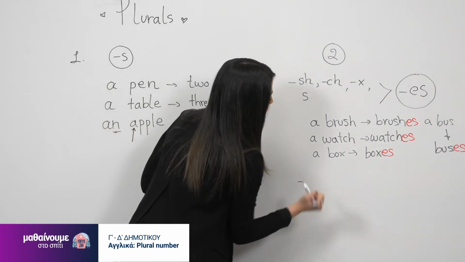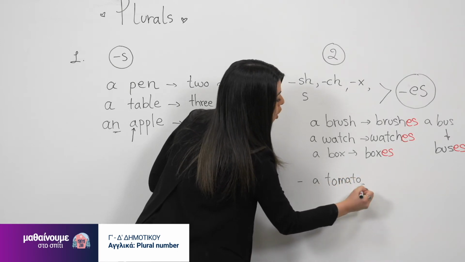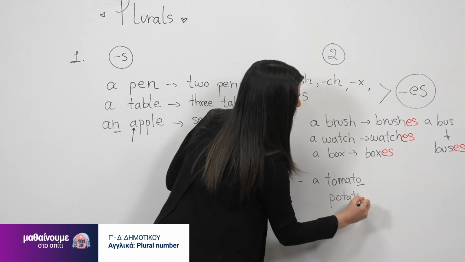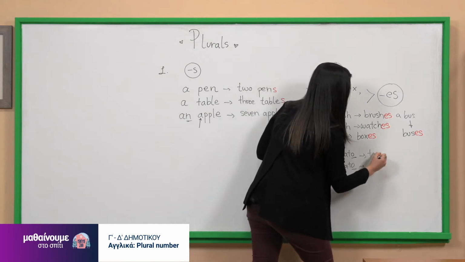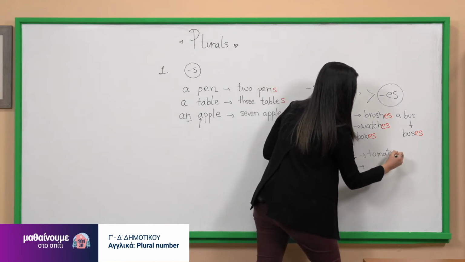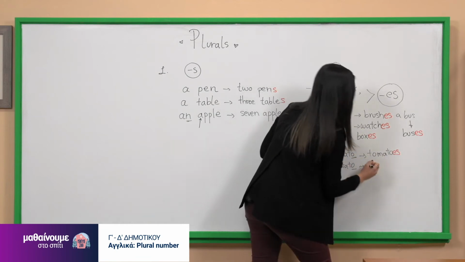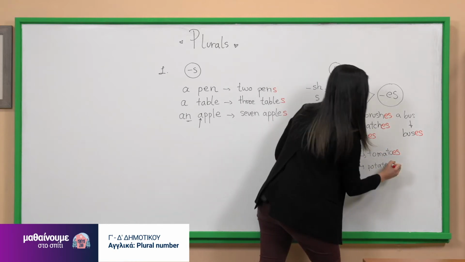Ας δούμε όμως τα βασικά. Το a tomato τελειώνει σε O, okay? Or a potato. Η ντομάτα και η πατάτα, basically. They become tomatoes with ES again, and potatoes with ES.